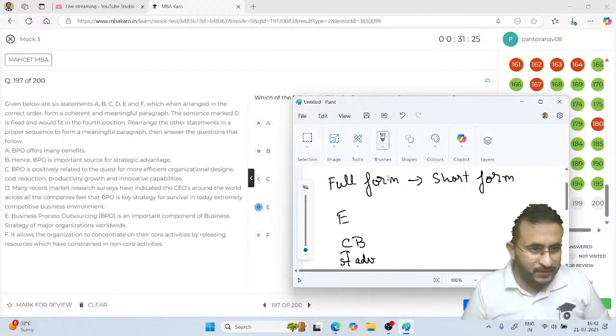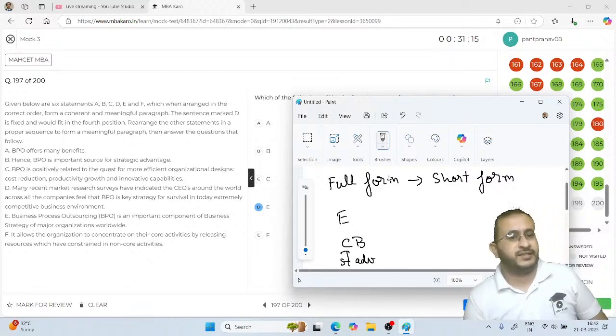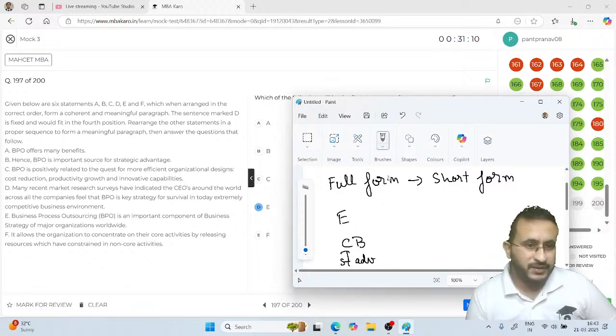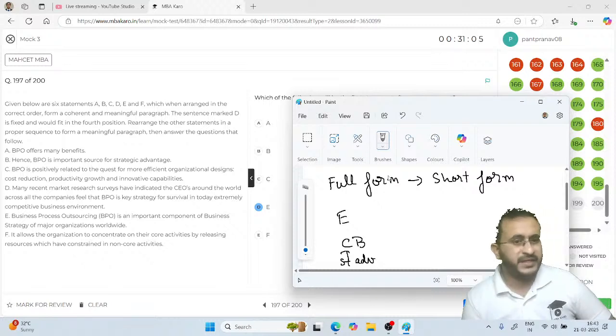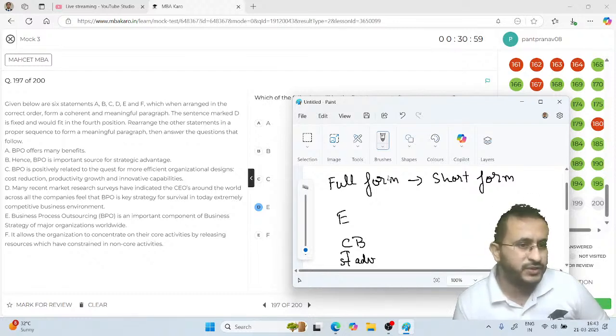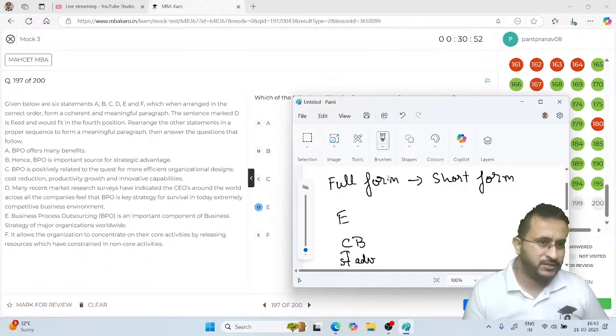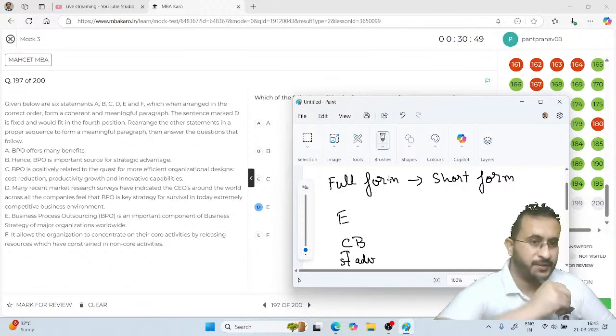Now let us look at the other ones. Many recent market research have indicated that CEOs around the world across all the companies feel that BPO is a key strategy for survival in today's extremely competitive business environment. Okay, D is linked to which one? It allows the organization to concentrate on their core activities by releasing resources which are constrained in non-core activities. It allows, I think, will be about BPO.